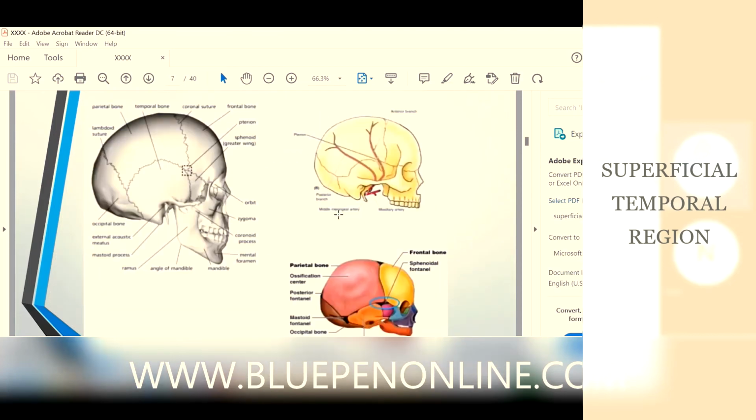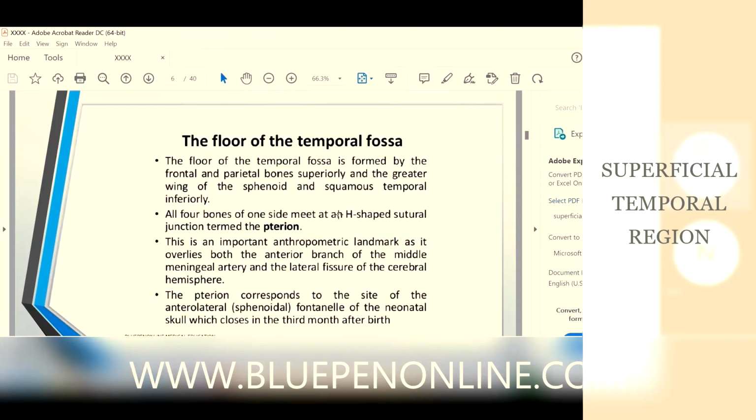So can you summarize the temporal fossa? What you understood, where is the temporal fossa seen? You mean boundaries, ma'am? Yes. Boundaries, and you tell me what you understood about the temporal fossa. The lateral side of the skull is divided by the zygomatic arch into temporal fossa and infratemporal fossa.